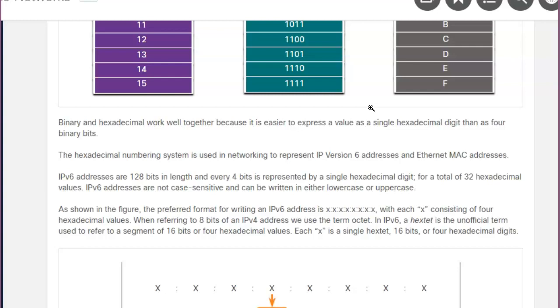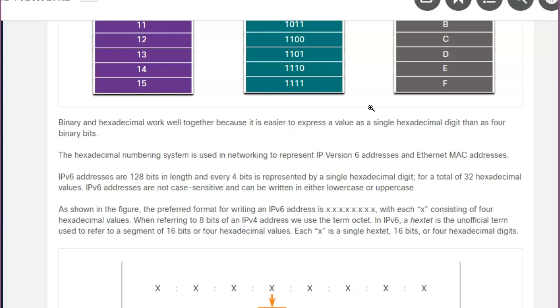So you've got a hextet instead of an octet, which had 8 bits. A hextet covers 16 bits or 4 hexadecimal digits, and each value in a hextet is a hex digit.